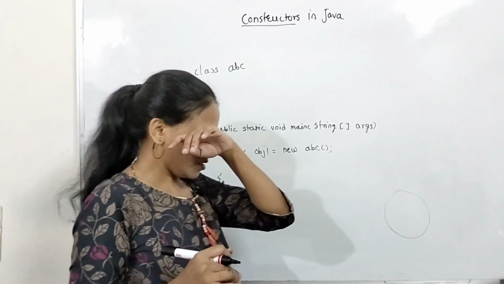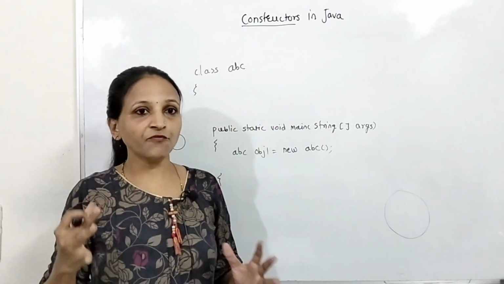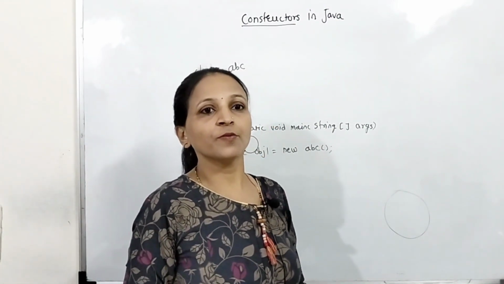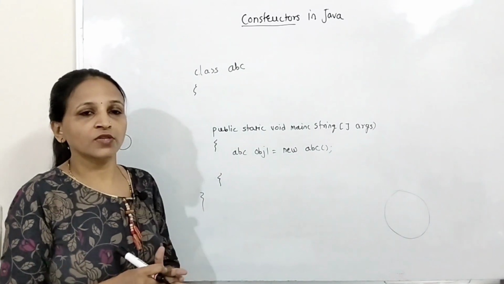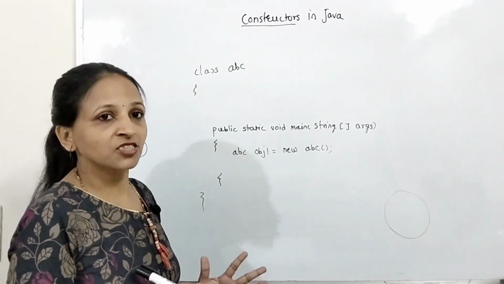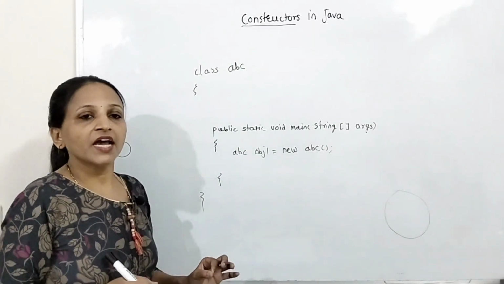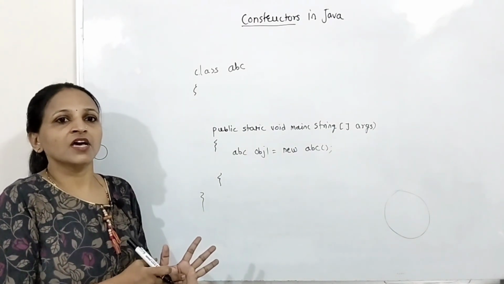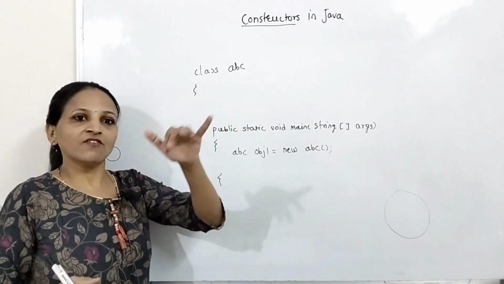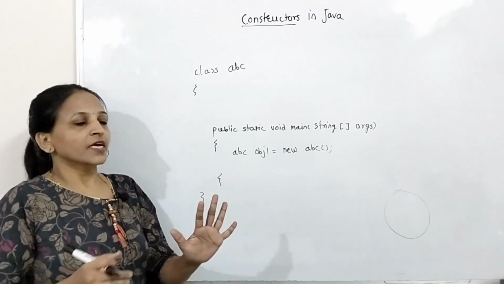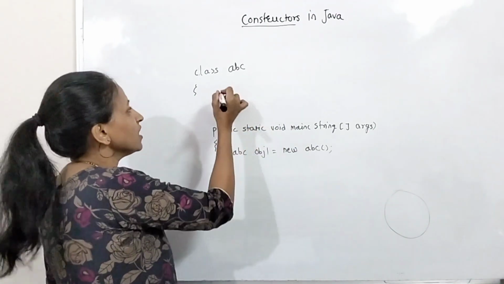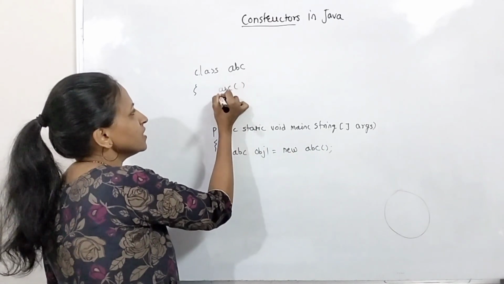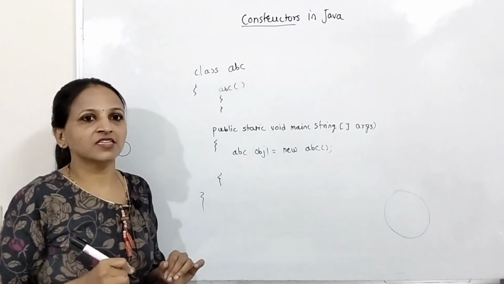Don't think that if a constructor is not taking any argument, then it is a default constructor. No, that type of terminology is not there in Java. Always keep in mind, a no-argument constructor is different, and a default constructor is different. Actually, a default constructor is always a no-argument constructor. The compiler will internally provide this constructor like ABC, in this way.